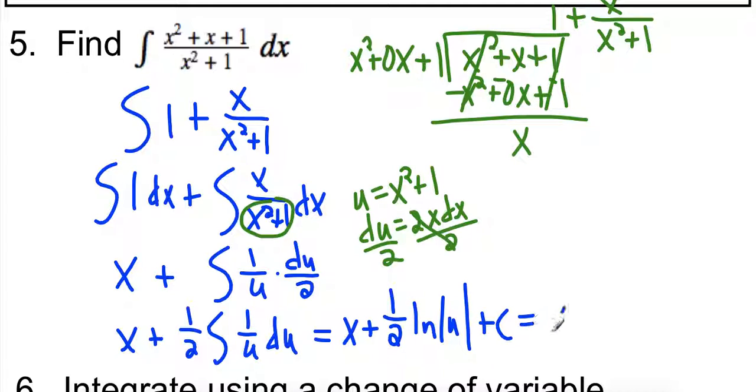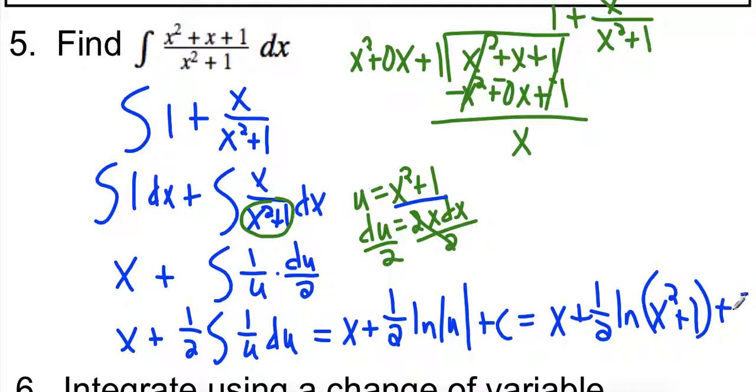And then I'm going to plug back in x plus 1/2 natural log of, what was u? Right here, x squared plus 1. This is a great example. x squared plus 1 is always going to be positive, so I can ditch the absolute value for just parentheses at this point. And there's my answer.